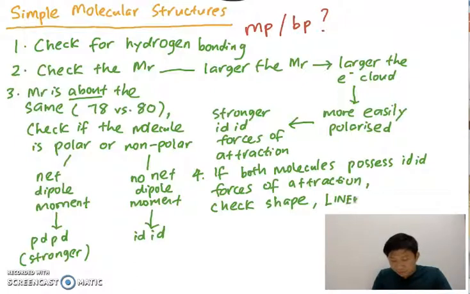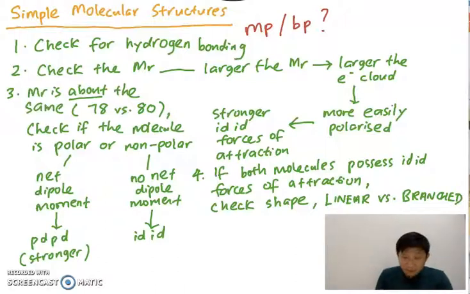linear versus branch. Of course, linear means this way, and branch means maybe circular. So can you see that there is more surface area in contact, less surface area in contact?